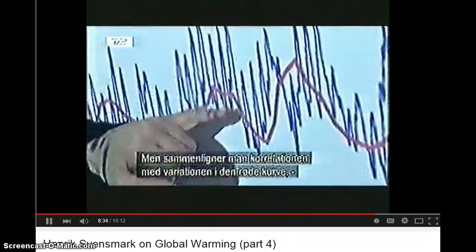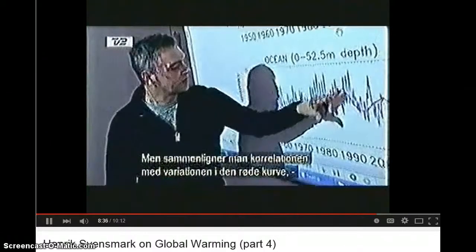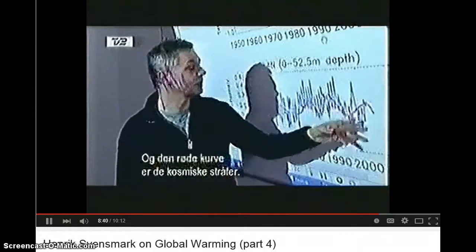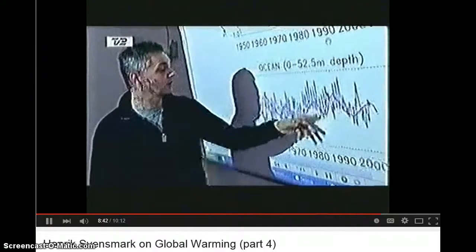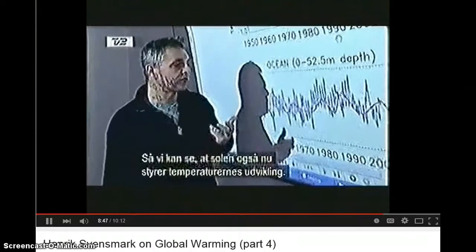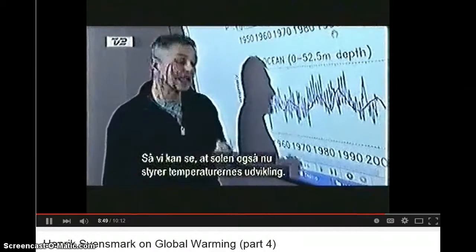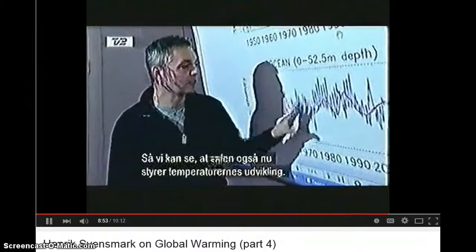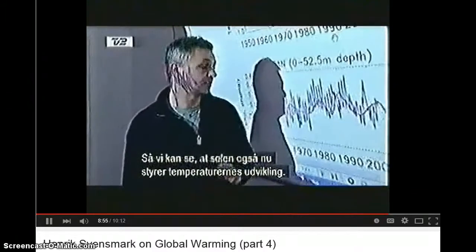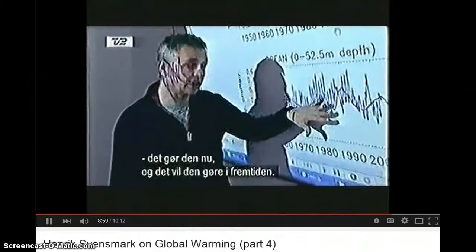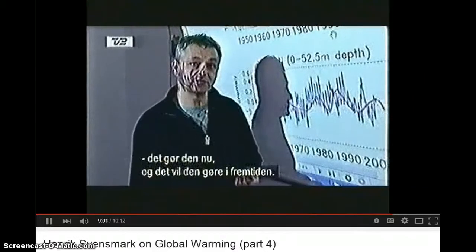But if you compare the overall agreement with how the red curve is varying, it's very good. And the red curve, that is the cosmic rays. That is how the cosmic rays have been varying over this period. So we actually see, even today, that the sun is dominating the temperatures, or how temperatures evolve. It has done so in the past, it's doing this now, and will also do it in the future.